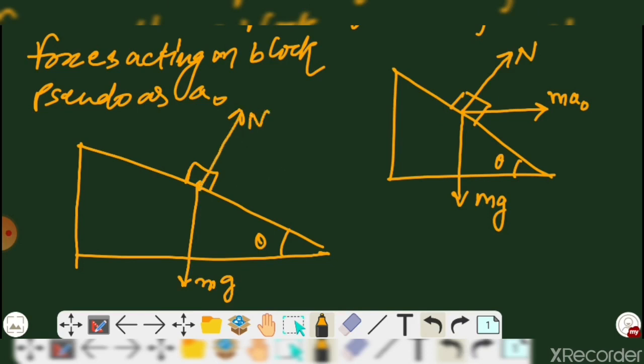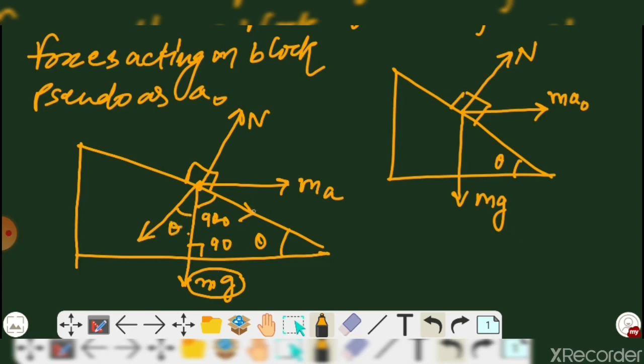That is m, that is ma0. So now let us consider the figure. This is the resolution of a component we are considering for the mg. Fine. So here you are making the 90-degree angle, so the rest of the angle will be 90 minus theta, and here it will be theta.